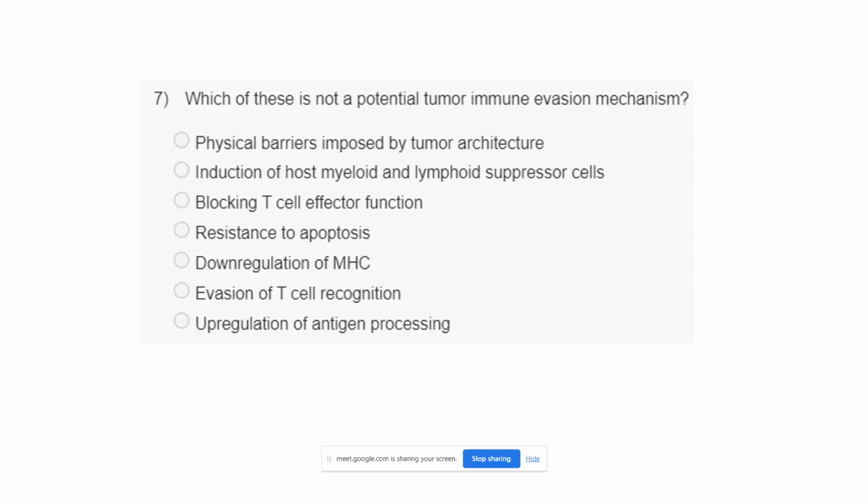Physical barriers imposed by tumor architecture, induction of host myeloid and lymphoid suppressor cells, blocking T cell effector function, resistant to apoptosis, downregulation of MHC, evasion of T cell recognition, upregulation of antigen processing. Option 5. Downregulation of MHC, okay.